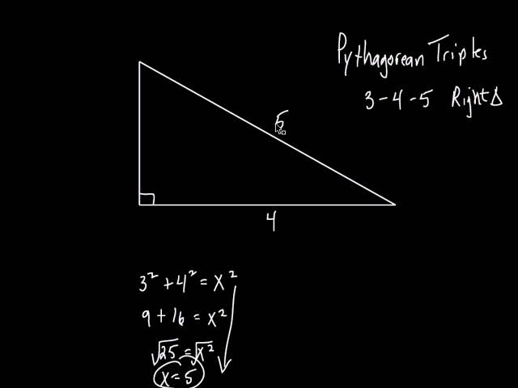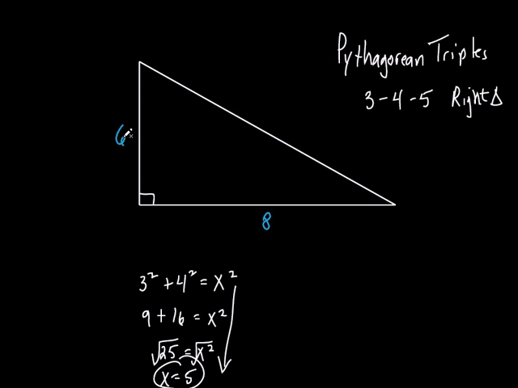Another cool thing about this is it doesn't have to just be 3, 4, and 5. You could do multiples of 3, 4, and 5. For instance, if this was, I'll do it easy, 6 and 8, okay? Without doing the Pythagorean theorem at all, knowing this Pythagorean triple right here, this 3, 4, 5 right triangle, you should be able to find this hypotenuse with very, very limited math.